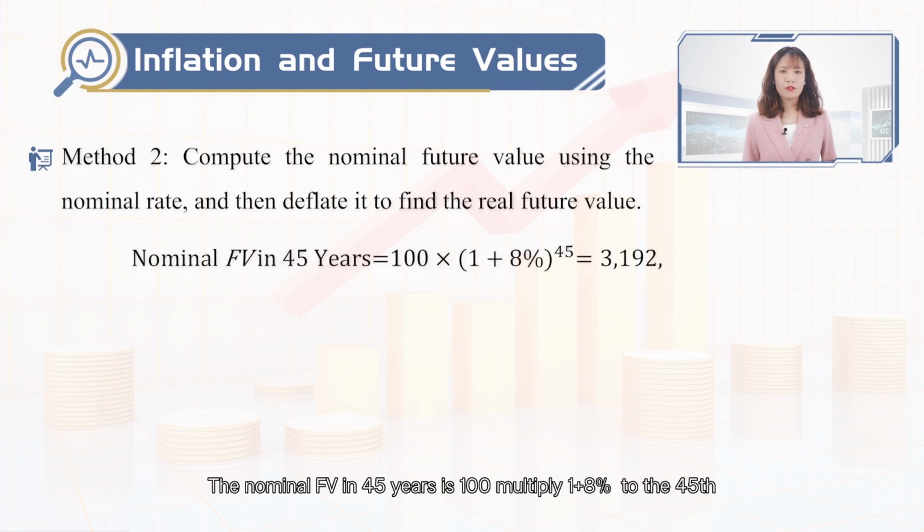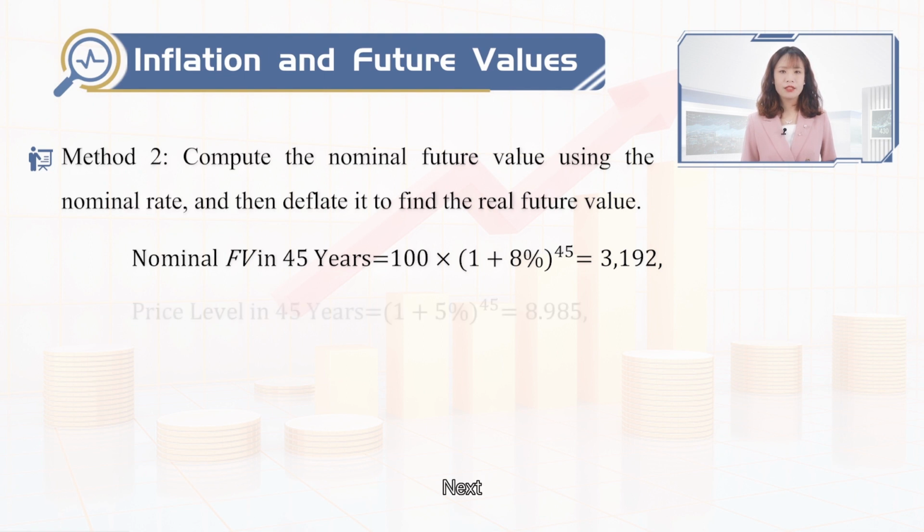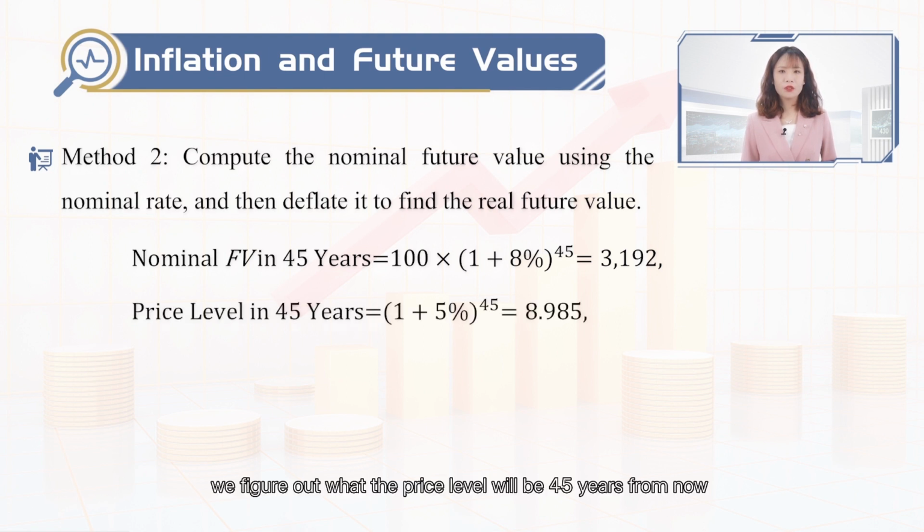The nominal FV in 45 years is 100 multiplied by 1 plus 8% to the 45th, and is $3,192. Next, we figure out what the price level will be 45 years from now if the inflation rate is 5% per year.